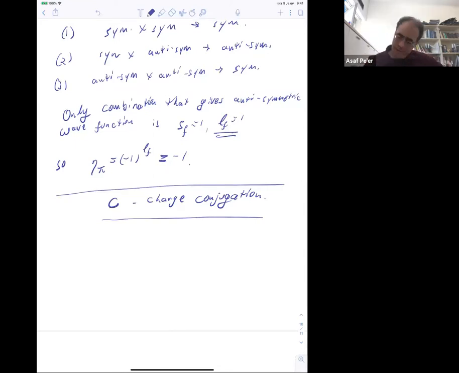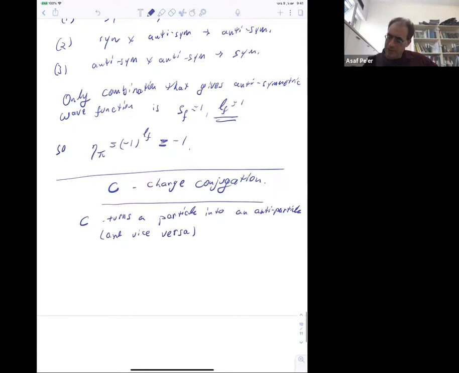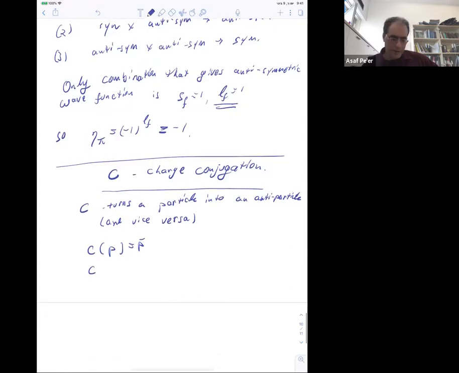So C acts on the proton and gives me an antiproton. C acts on the electron and gives me a positron.